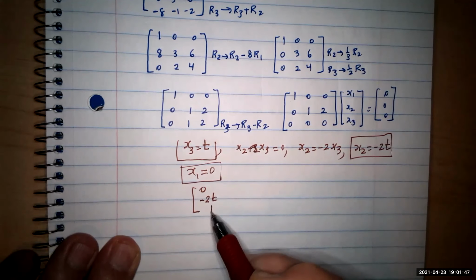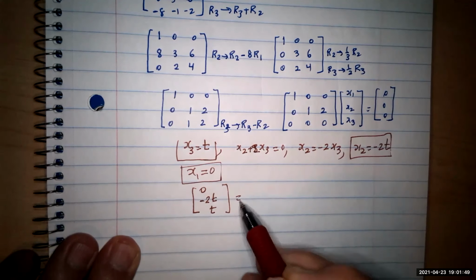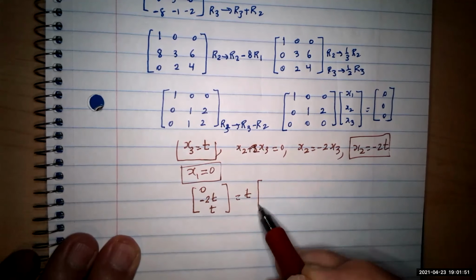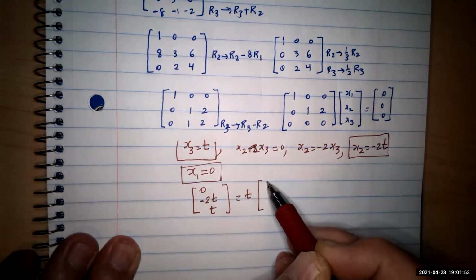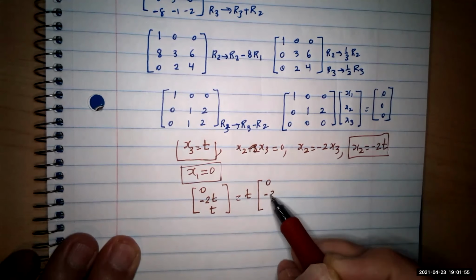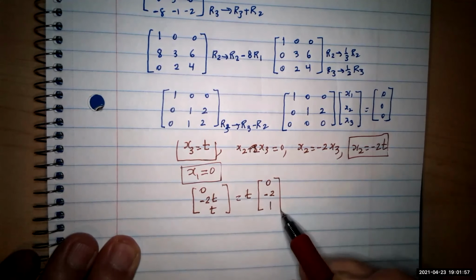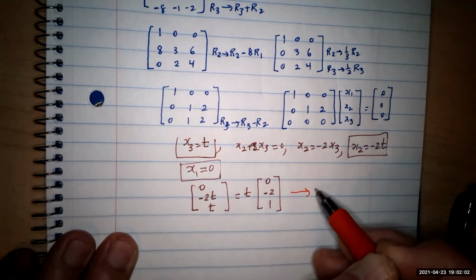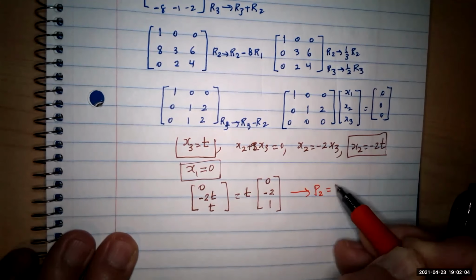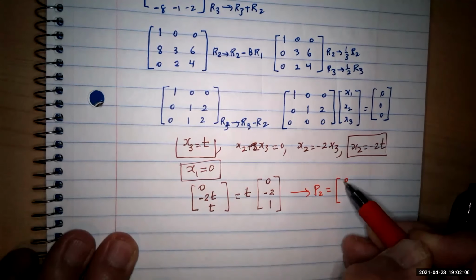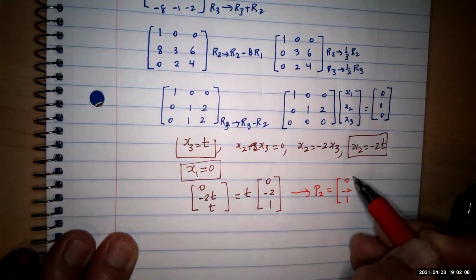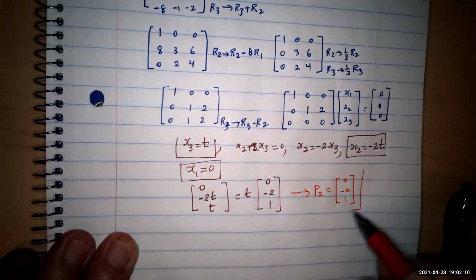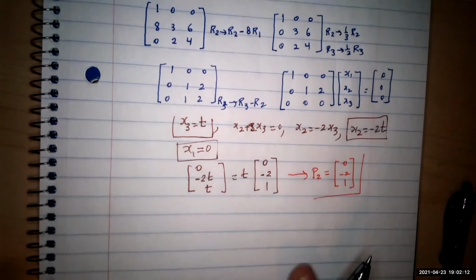And x3 is equal to t. You can factor out the t as a basis if you like. So it's going to be 0, negative 2, and 1. That gives you the second vector, the second column of matrix P. So this is P1 and P2. We need one more.